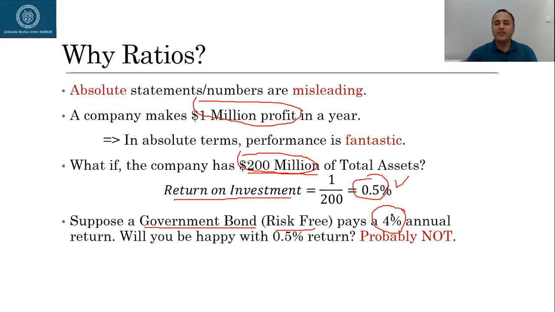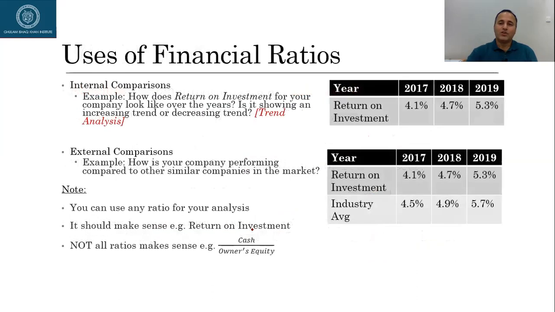On the other hand, you had another opportunity where you could make 4% return without taking any risk. So the whole point is that the calculation of ratios is extremely important. And as I said, even financial numbers in absolute terms are misleading.